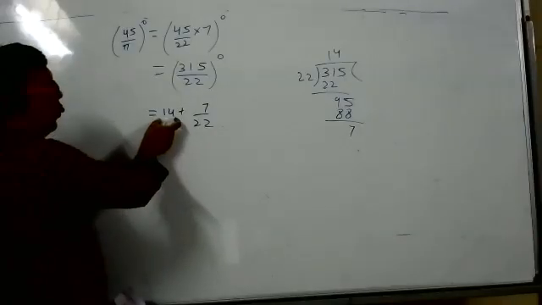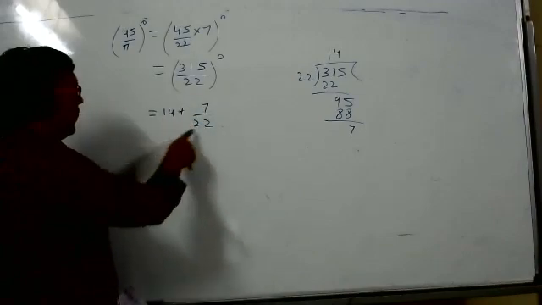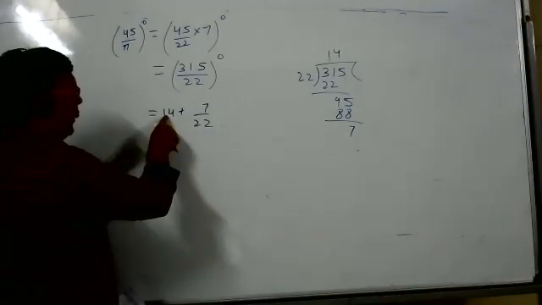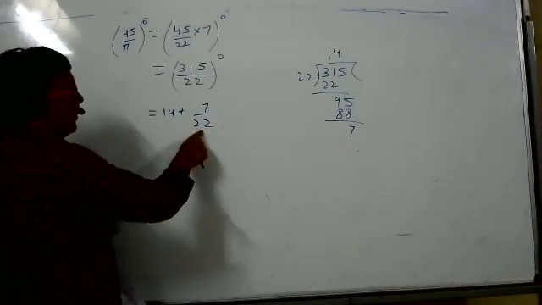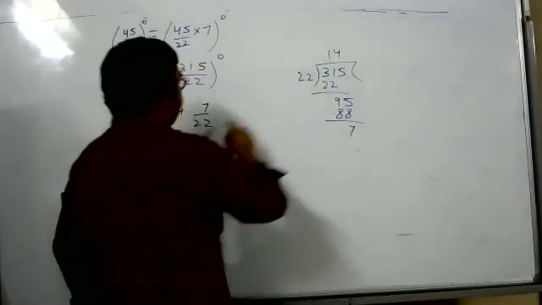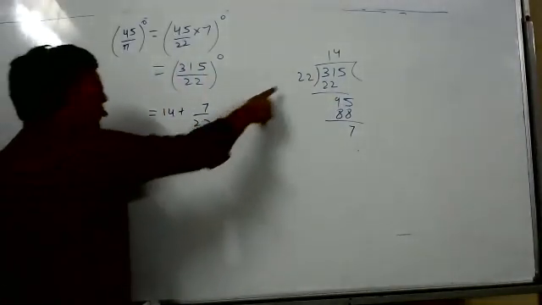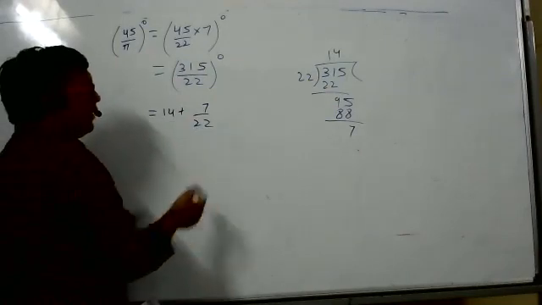But I have to write the whole thing here. So have you understood how I wrote this? Remember this. Again, if you are getting doubt, cross check. 22 into 14 plus 7 will be definitely 315 and the denominator is 22. See here, this is the divisor. Divisor into quotient plus remainder. Same thing I'm doing now. Usually in school, what do you do?